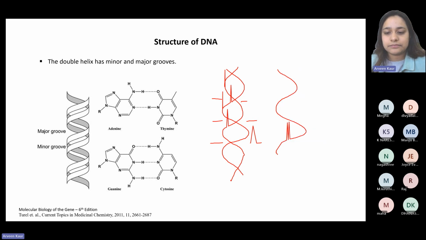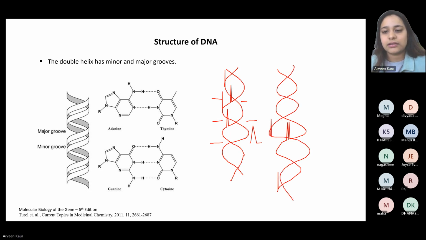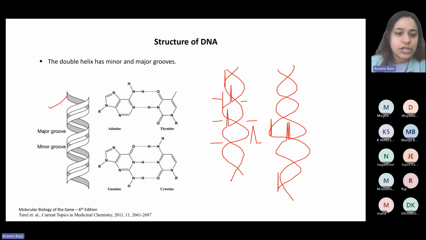Once we draw this kind of DNA, how do we draw it? We draw it like this. Okay, I have been unsuccessful in drawing it, but okay. So we just look at what is already drawn over here, right? Over here we see sometimes there is a big gap or a big groove, and sometimes there is a small groove or a small gap, right?